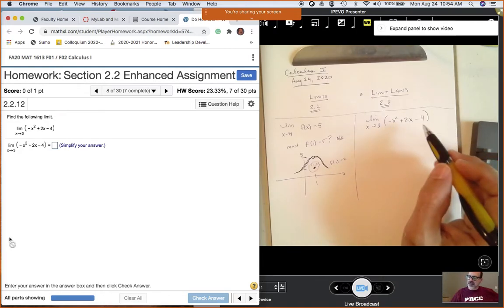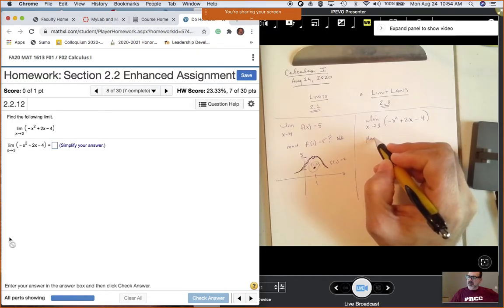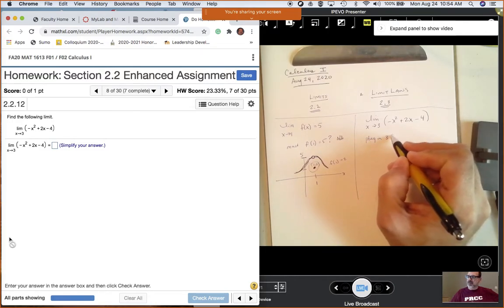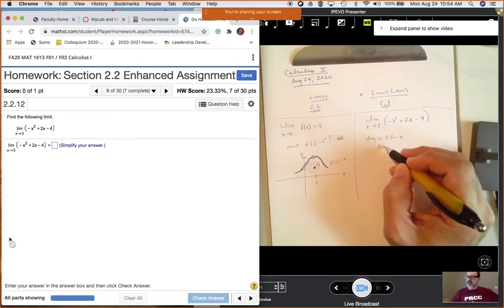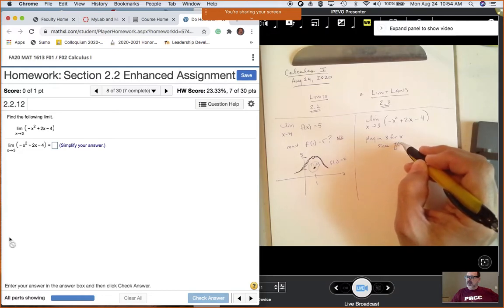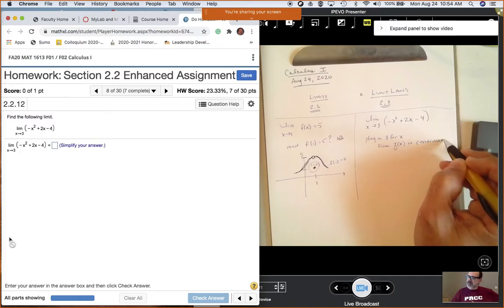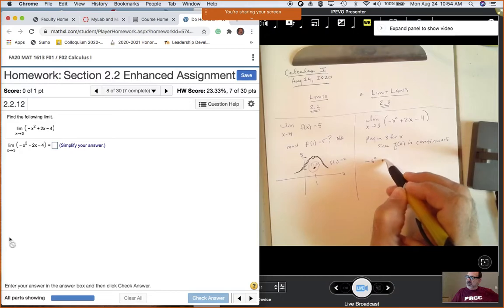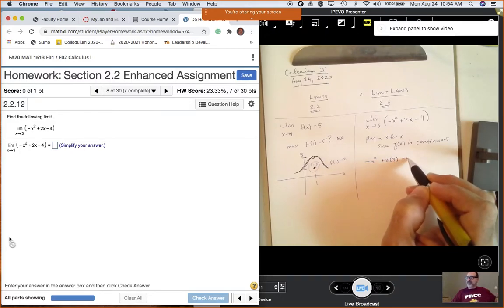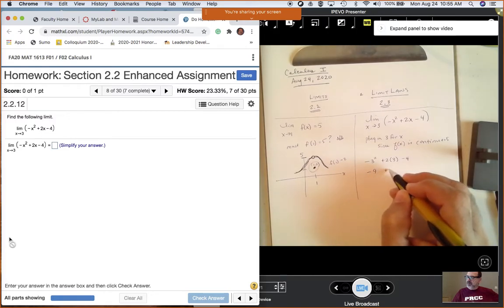So we can literally just plug in 3 for x, since the function is continuous. So if I plug in a 3 for the x, I get negative 3 squared plus 2 times 3 minus 4. Negative 9 plus 6 minus 4 is a negative 3 minus 4 is a negative 7.